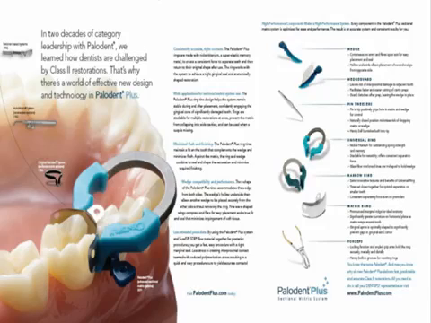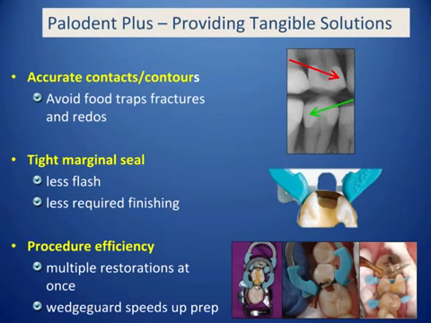Our matrix bands, and we actually have an upgrade days away to a coated band or a slick surface band to prevent composite and adhesive from sticking to that band during application, and as well as our forceps at the bottom. So we want to look at providing tangible solutions, again, looking at how functionally we can apply the materials easily and more correctly into the tooth, and how that will lead to better procedural efficiency along the way.